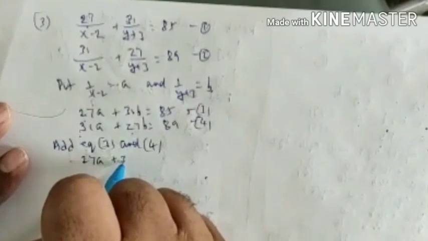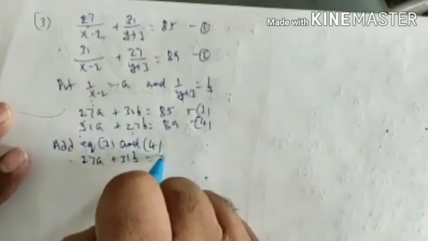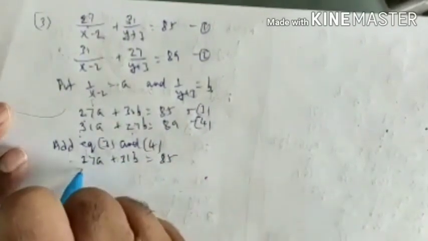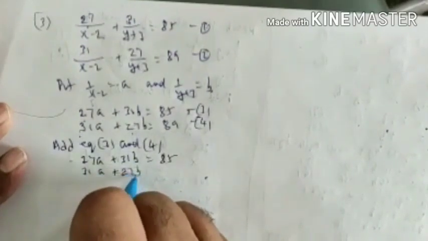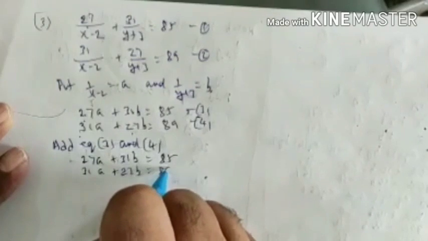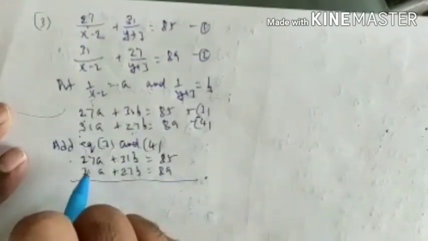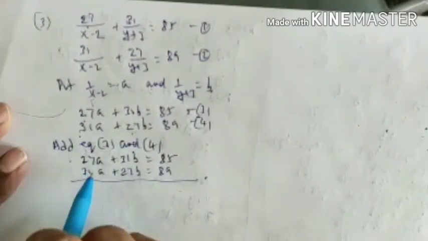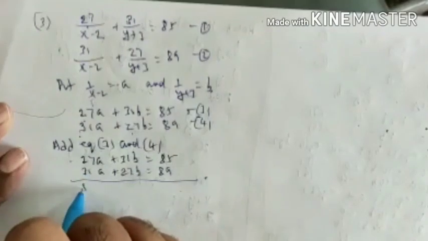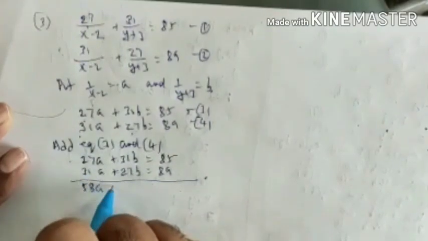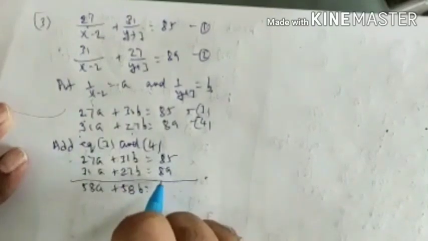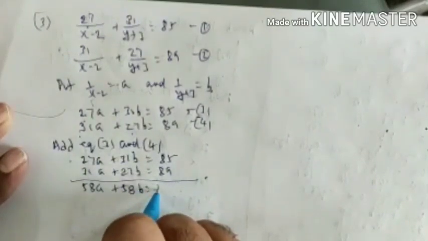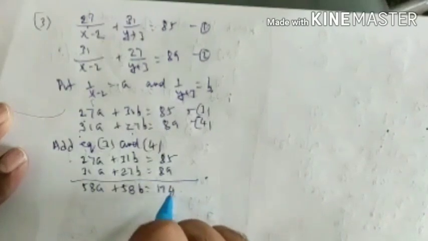27a plus 31b equal to 85. 31a plus 27b equal to 89. If we add both equations, what we get here? 58a plus 58b is equal to 174.